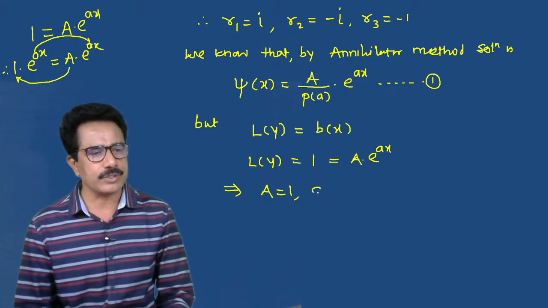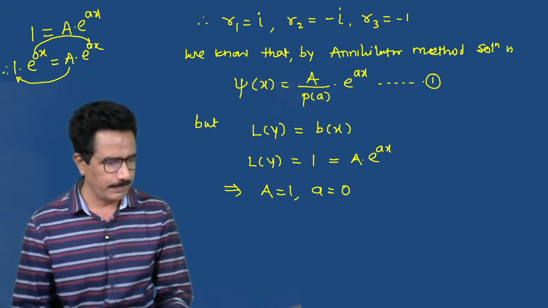So capital A equals 1, small a equals 0.